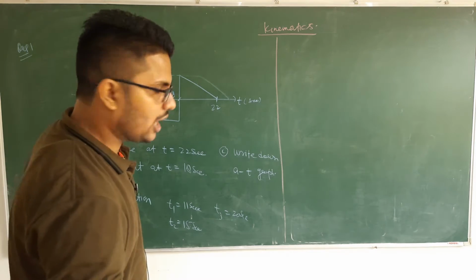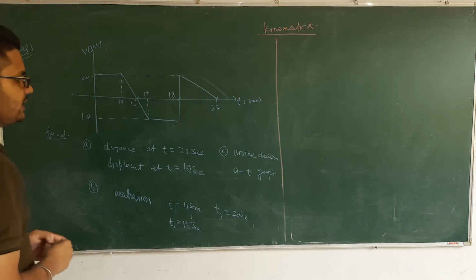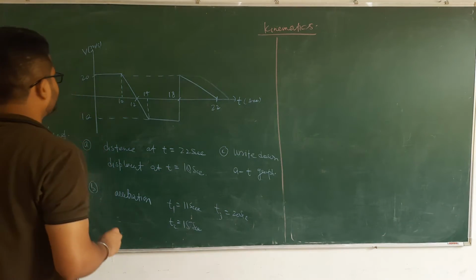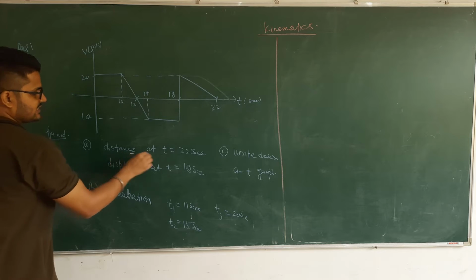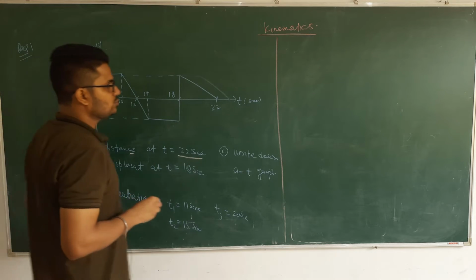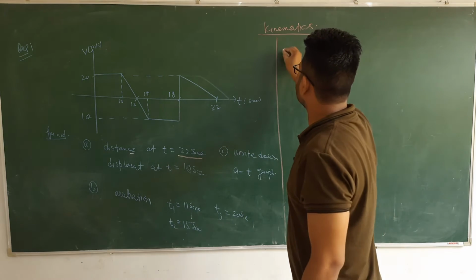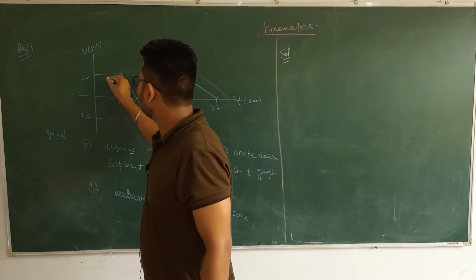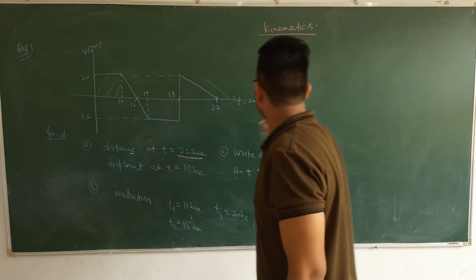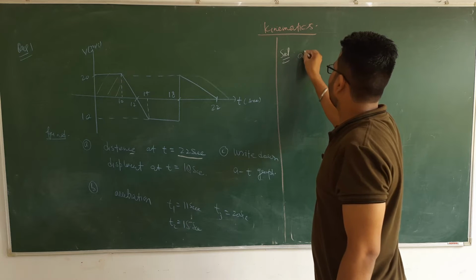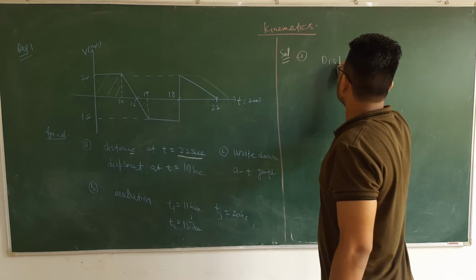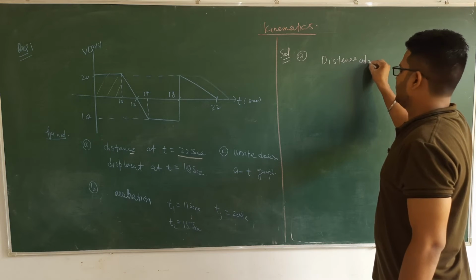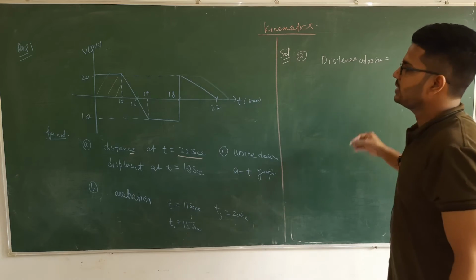Okay, beta. So how to solve this type of questions? Many things I have included in these questions. So first of all, calculate distance at 22 second. So add all areas. What will be this area? First we are finding distance at 22 second. So what is the area?